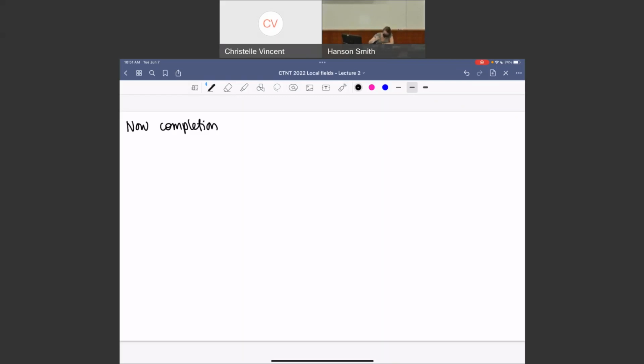Okay, so same as before, right? And like as before, I mean literally minutes ago, we have K, a field, it has a discrete valuation. A is the valuation ring, pi is a uniformizer, all of that.